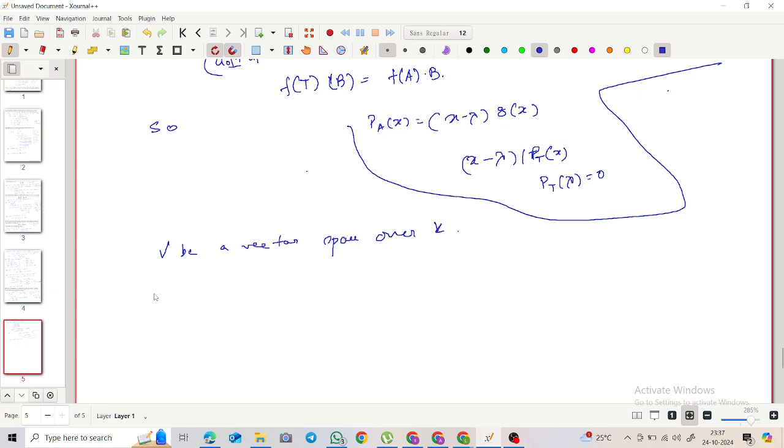Okay. So define A(T) to be the set of all those f(x) belonging to K[x] such that f(T) is 0.